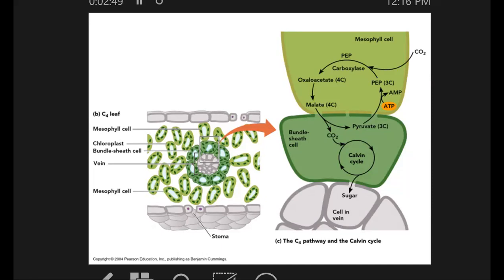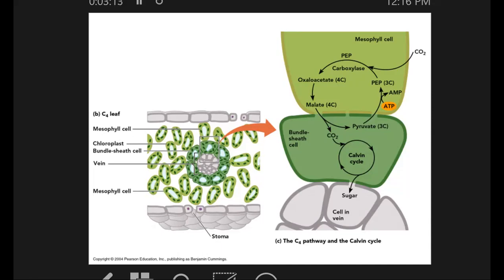After the CO2 is delivered, you end up with pyruvate, which has to get back over to the mesophyll. And you can see it has to get a little bit of energy applied to this. So ATP is going to be used to convert pyruvate to phosphoenolpyruvate. Got to get a phosphate group on there.